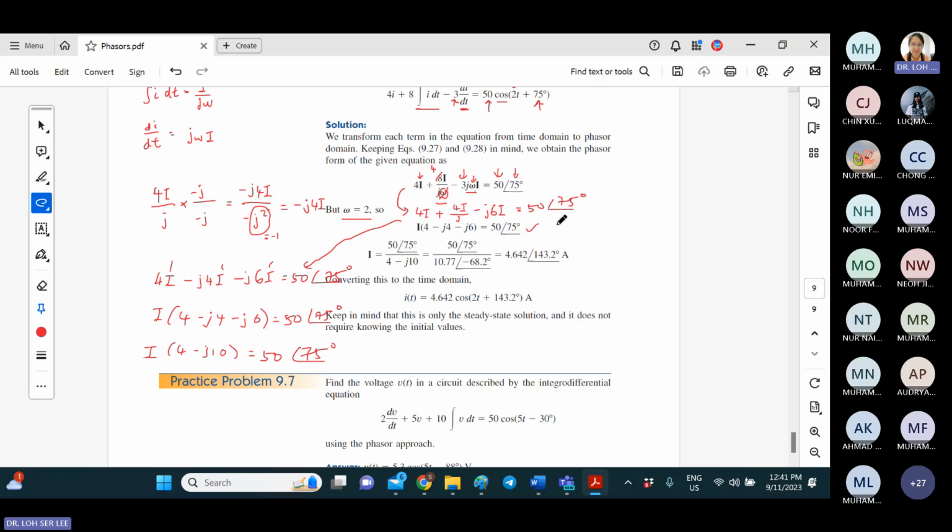So we get this one. After combined, you will get this. So to get the I, we will use this divided by this one. We want to find for I. This one, move to the right, you get this. So that's why you see, you get this one.